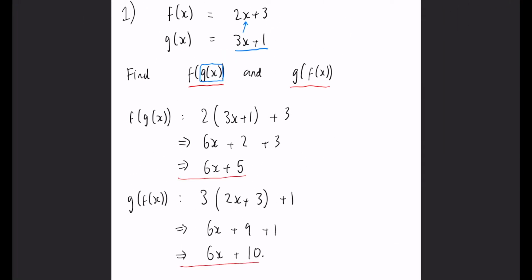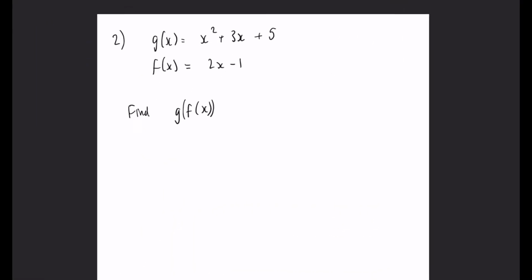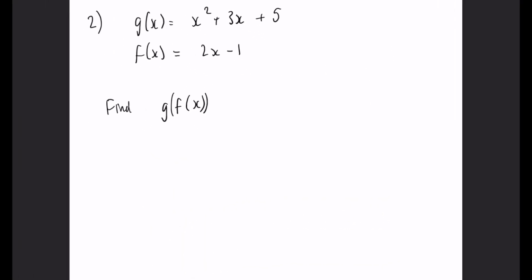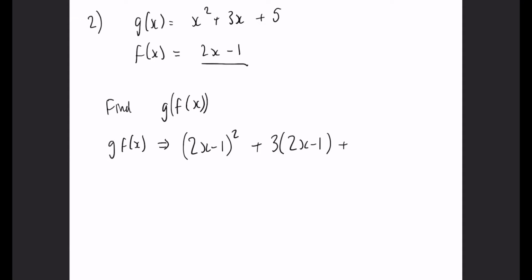Now let's look at a slightly harder example. So this one involves some quadratics. We have to find g of f of x. So we take our g function, and everywhere that we see an x, we change that for 2x minus 1. So 2x minus 1 squared, plus 3 lots of 2x minus 1, plus 5.